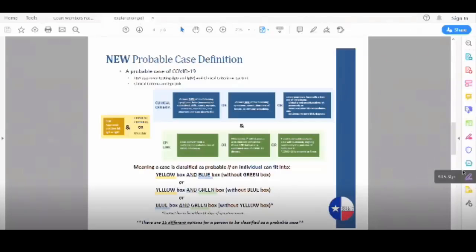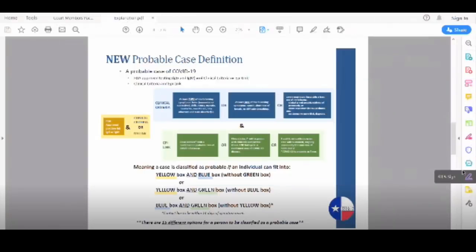So that means if I just went and got serology testing done with no symptoms and I was positive, whether it's saying recent infection or current infection, my new antibodies, or I've had them for a while, I would be counted as a probable case. Basically, with these 3 boxes, you can be yellow and blue without green to be counted as probable, yellow and green without the blue, and then blue and green without the yellow.